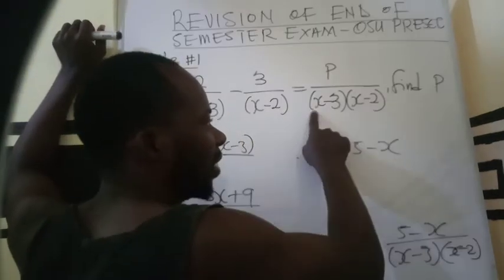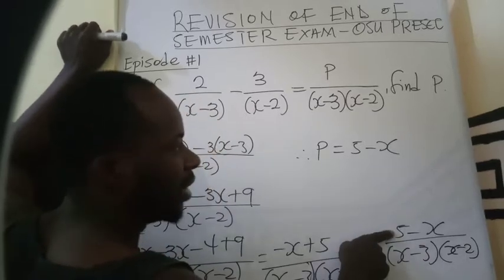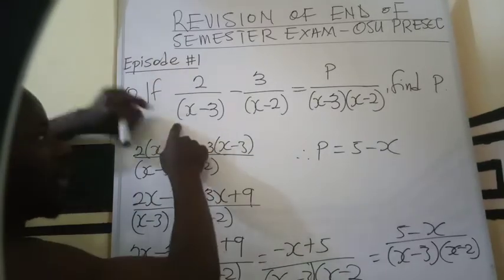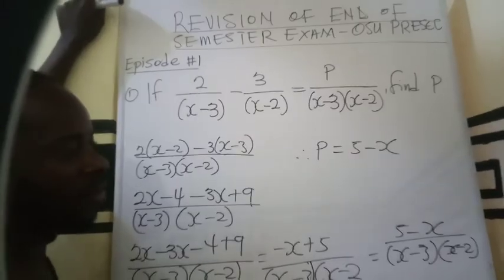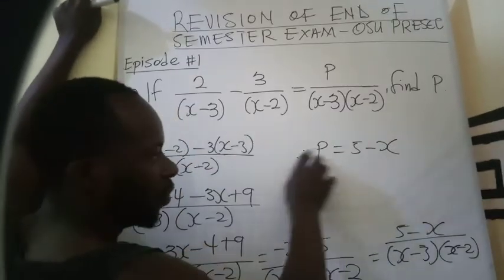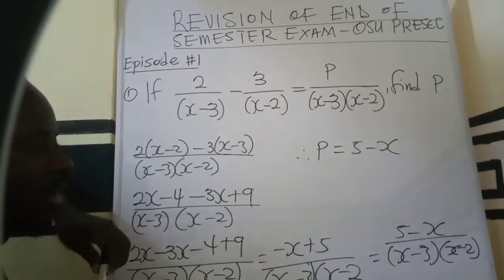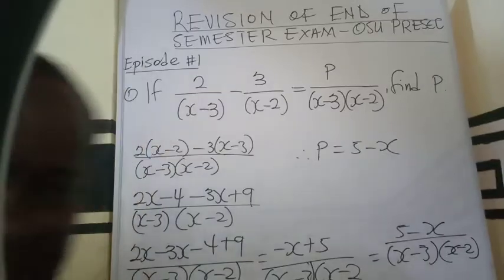So in this case, we can see that the new denominator is the same as what we have, and the numerator should be the same as what we are having as p, in order to say that the left hand side is equals to the right hand side. So all we are asked to find is the value of the numerator, which is our p. So the answer will be 5 minus x.